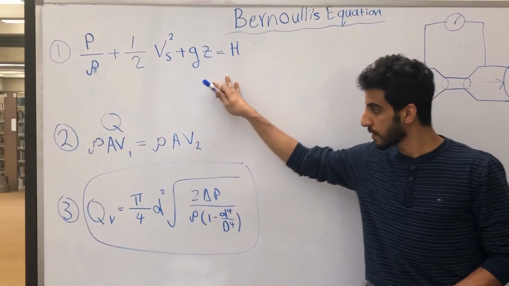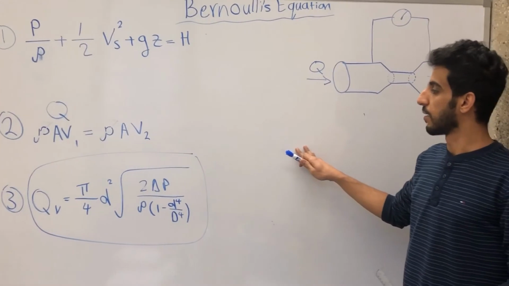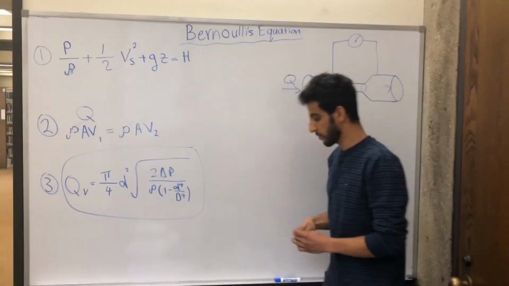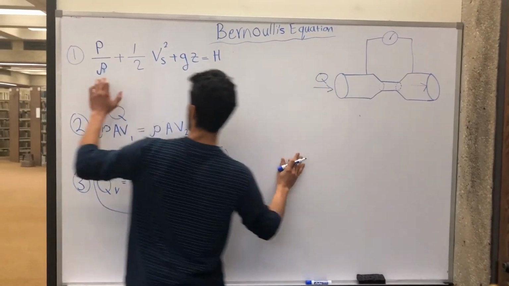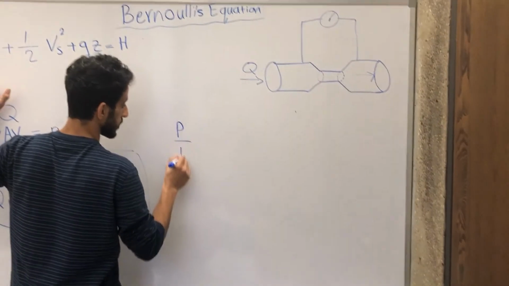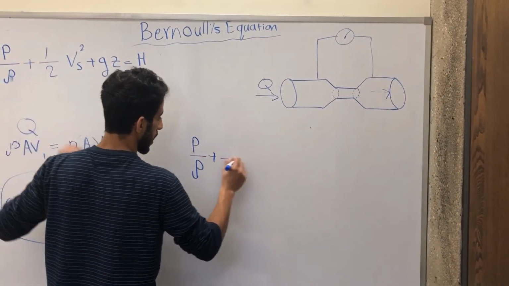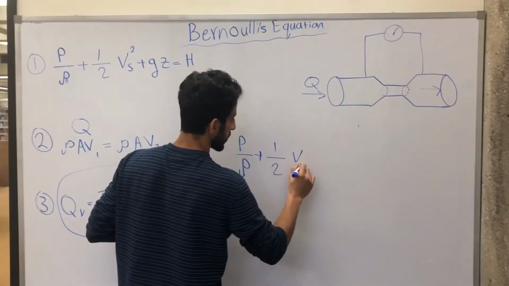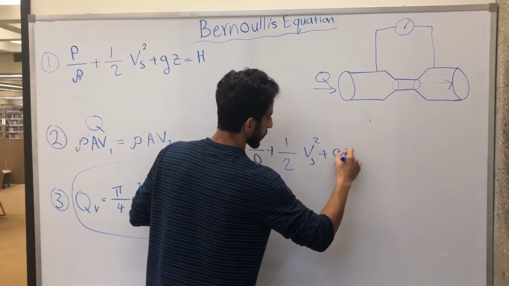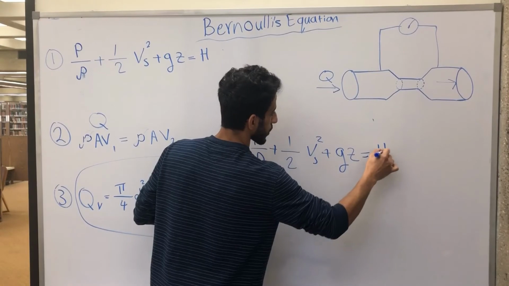Using that, I can come up with the differential pressure, and now we're going to see how. So I'm going to bring this equation down here: pressure over density plus half of velocity squared plus g, which is the gravity, all equal to a constant.